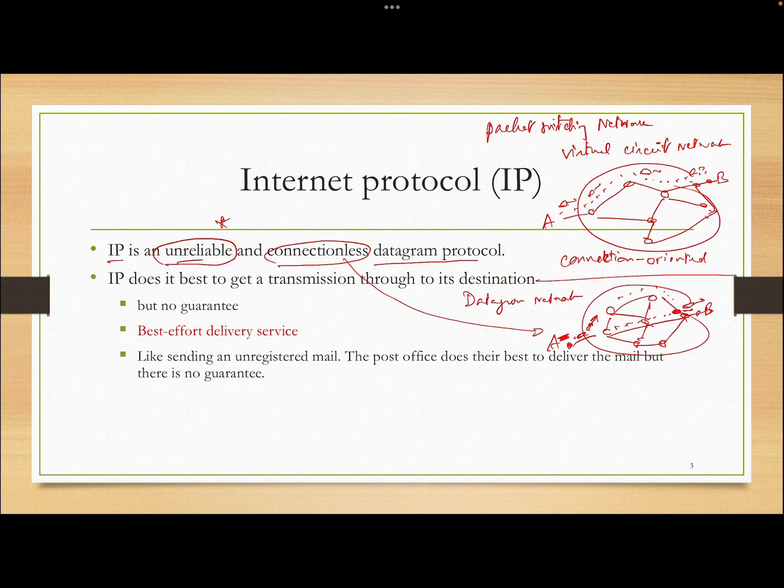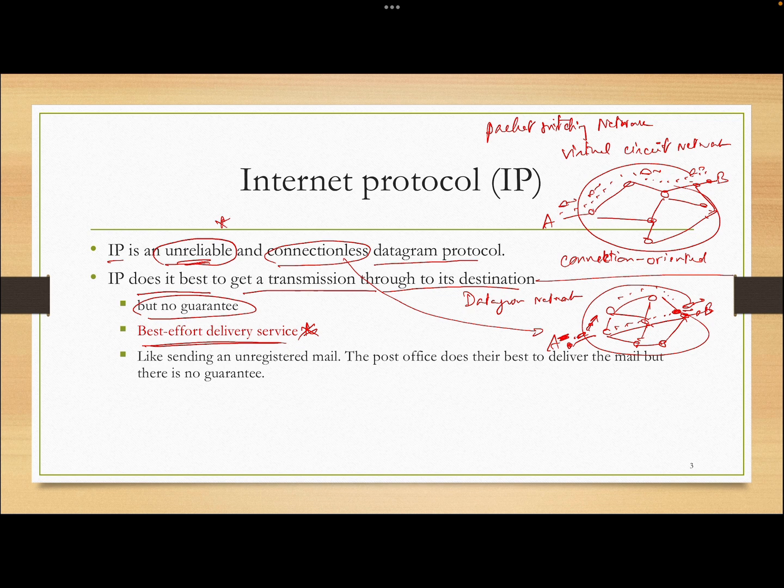And it's unreliable, so it does its best to get a transmission through to the destination, but no guarantee. Unreliable means there is no guarantee. It's just a best effort delivery service. I think everyone experienced this when you try to download some files and it doesn't work. It just stops, it's not finished loading.